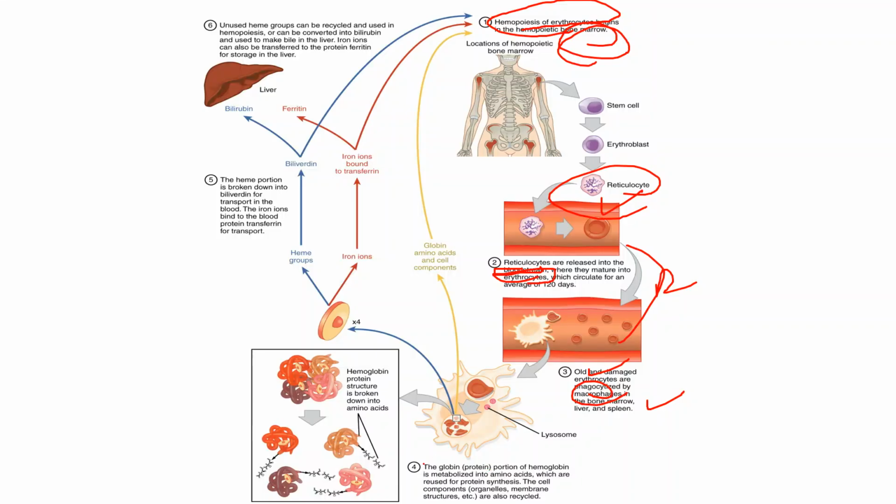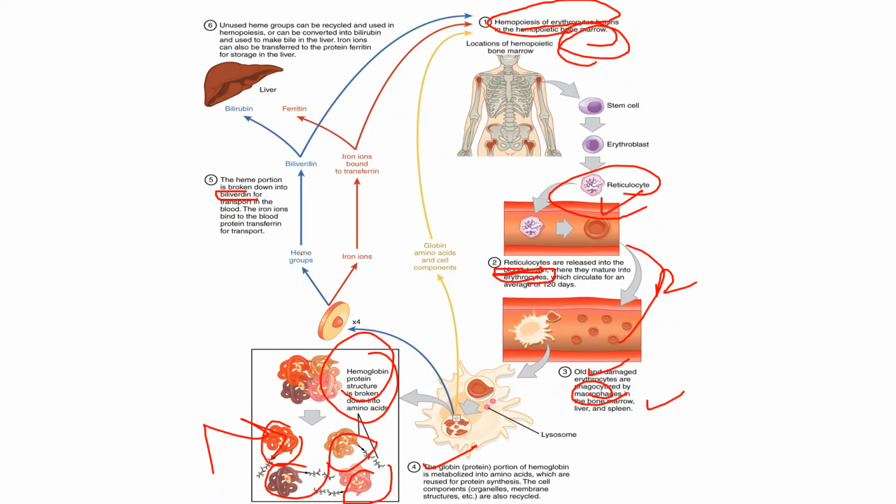Here, the globin portion of the hemoglobin is metabolized into amino acids. We know that in the hemoglobin structure, the 4 heme are there, and they bind with oxygen and carry the oxygen, with the iron. The heme portion is broken down into biliverdin for transport into the blood, and iron.